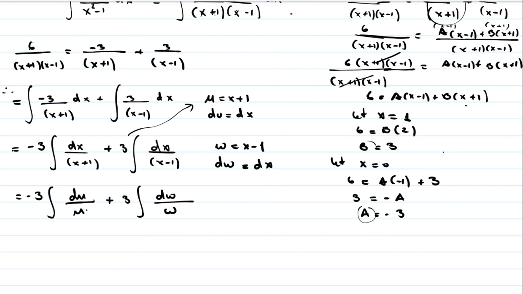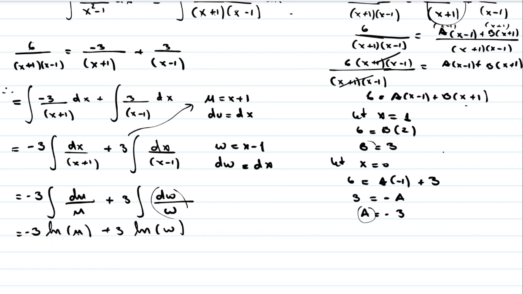As you can see, this is basically substitution u du, so this is going to be equal to minus 3. Now this integral here comes from what? This comes from logarithm, so this is going to be natural log of u plus 3 natural log of w. The integral of this is log, and the integral of this is also log of whatever is here, right?